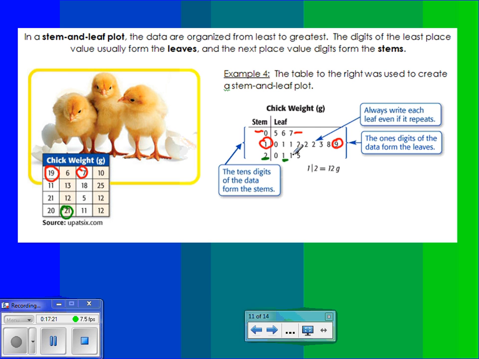Now you see there's 2 ones here. We must have 2 21s in our table. There they are. So if you have a number that doubles up on the one side, that means you have more than one of them in your data. If there's 3 2s, how many 12s do I have? 3 12s. I have a 10 place and 1, 2, 3 2s places. So there's 3 12s right there.